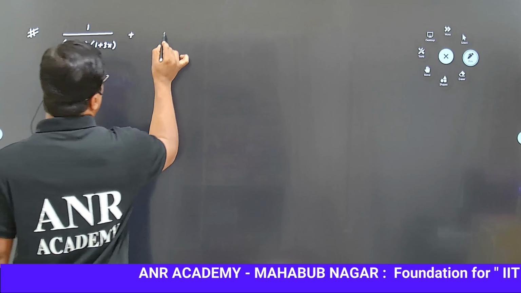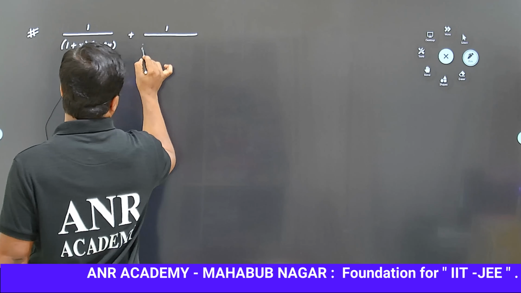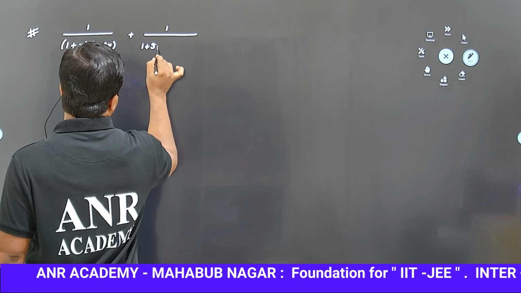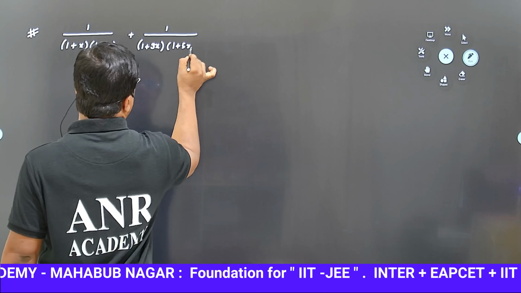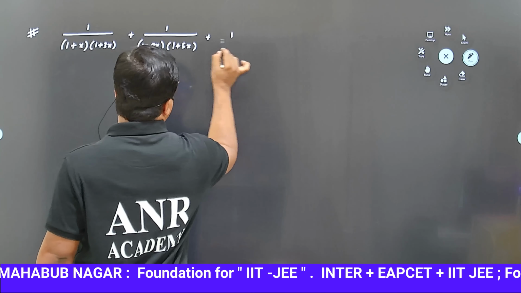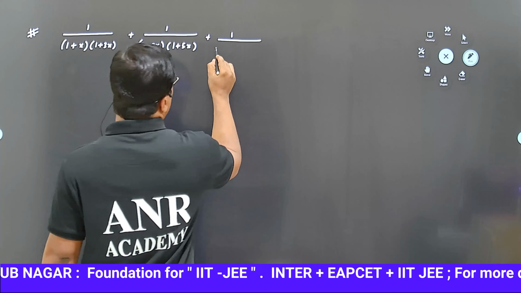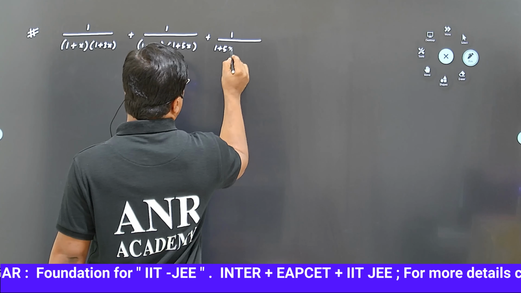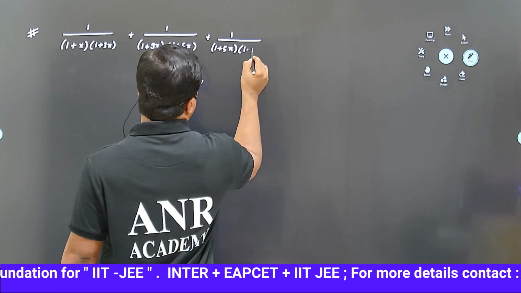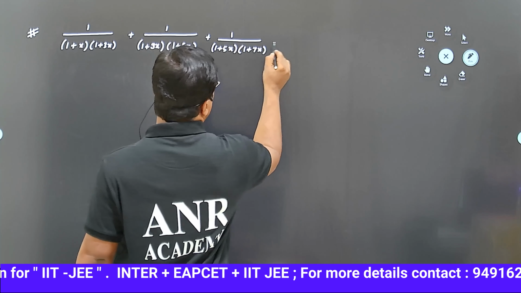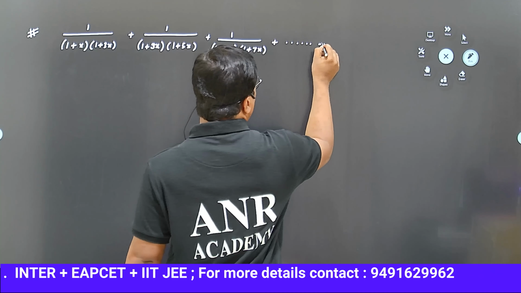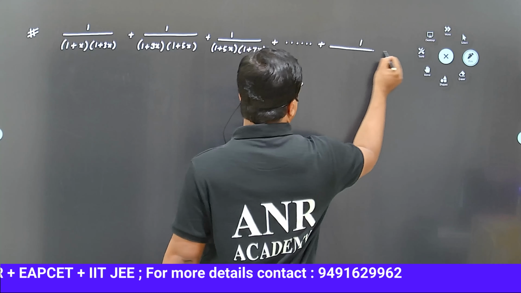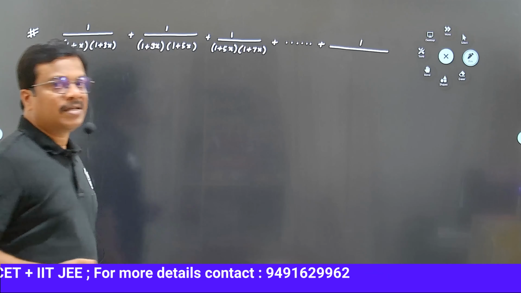Next, second term, 1 divided by 1 plus 3x multiplied by 1 plus 5x, and then 1 by 1 plus 5x multiplied by 1 plus 7x, plus, and so on, 1 divided by the nth term.